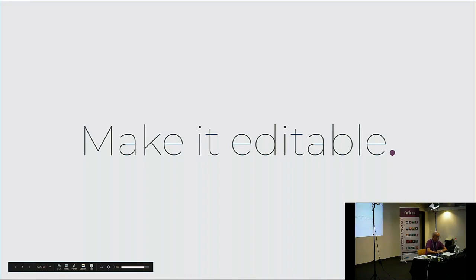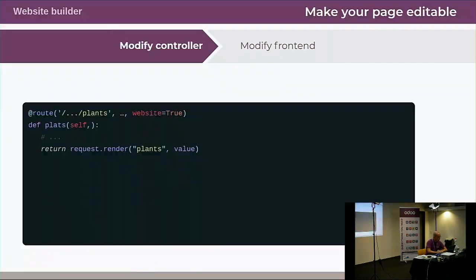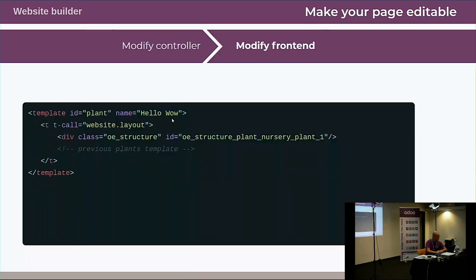So we are going to make it editable. If you want to do that, you have to precise on the root, as we saw for declaring the root, that you need to include the website key to true. There we go.